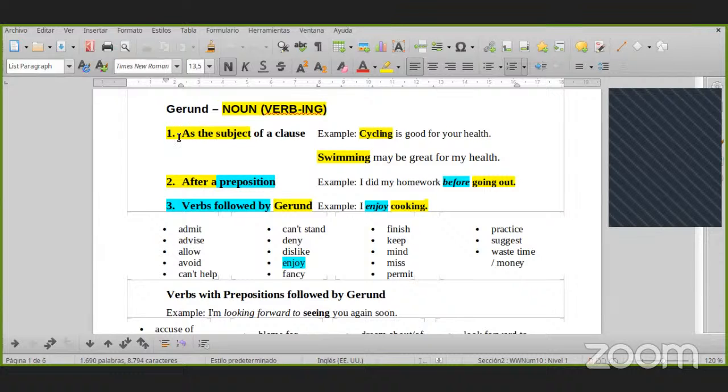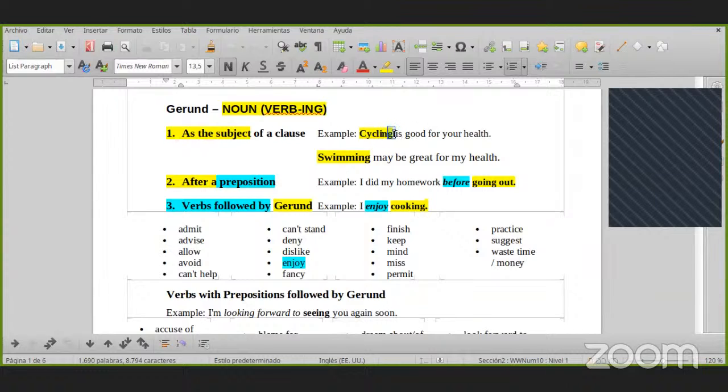For example, let's start with the first one, as the subject of a clause. When our sentence is going to start with the verb with ing, like cycling. Cycling is good for your health.